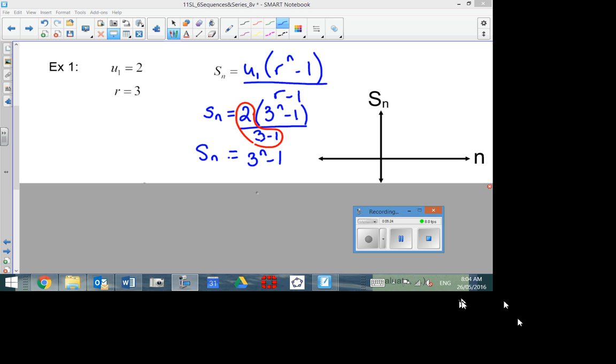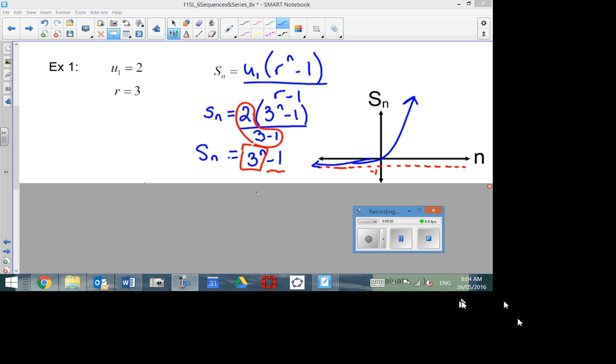Now, since we just spent some time graphing exponentials, I know that 3 to the n is an exponential function, and minus 1 moves it down 1, so the horizontal asymptote is now at negative 1, and my function is going to increase exponentially like so.